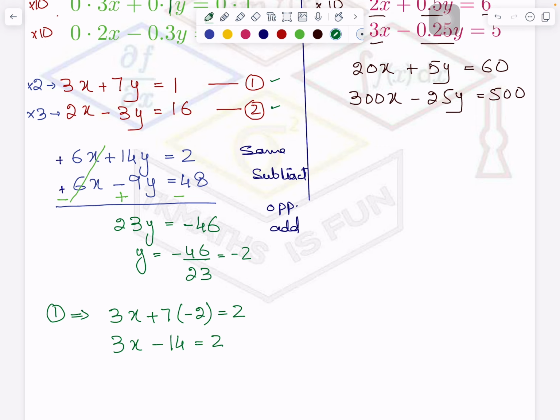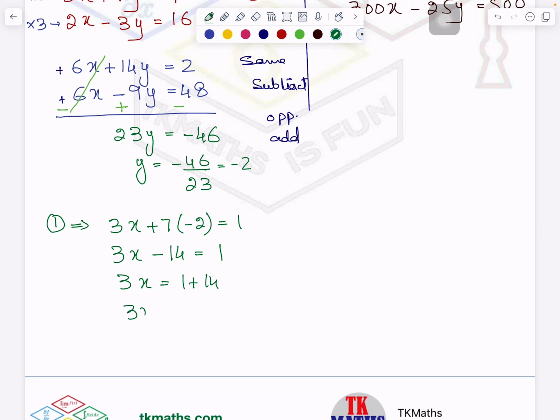One more mistake. You must be thinking, why did I write 2 here? It is actually 1 here in the question. So it is 3x is equals to 1 plus 14, which is 3x equals to 15. So x is equals to 15 divided by 3, 5.